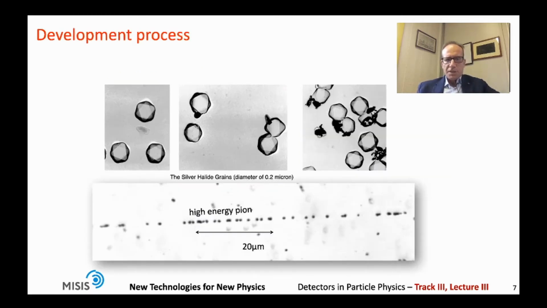Then after the development process, you end up with silver grains along the track, with a typical size of a couple of 100 microns for the OPERA film. And the number of grains produced by a high energy pion in OPERA films is on average 30-35 per 100 micron track length.